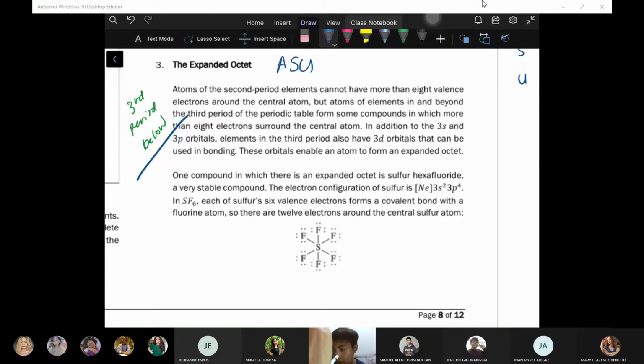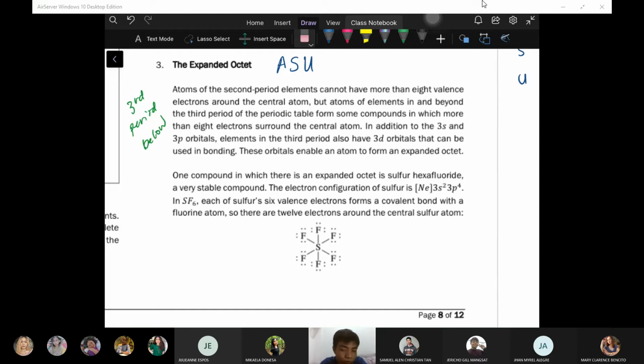Hindi naman kasi kinakabisado to. Huwag niyo kakabisaduhin periodic table. Kaya nga naka-table yan eh. Okay? Ako, chemist ako. Di ko kabisado yan. Familiar lang dapat. So, again, expanded octet, this applies when your central atom is third period pababa.